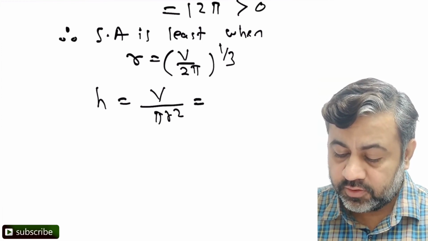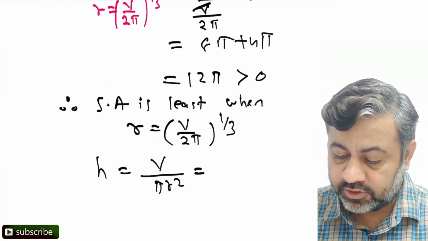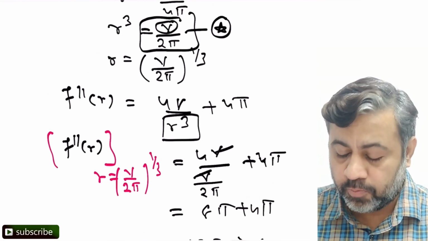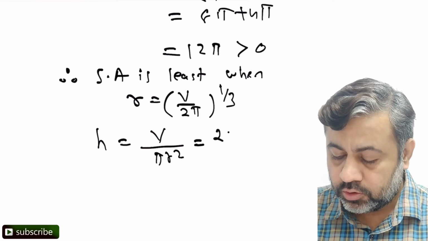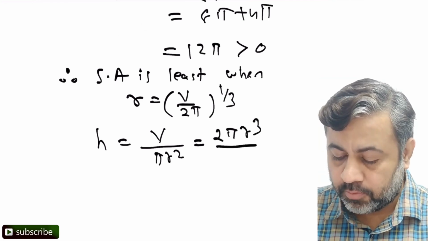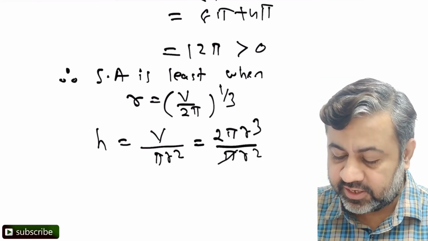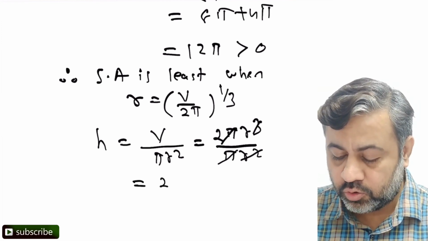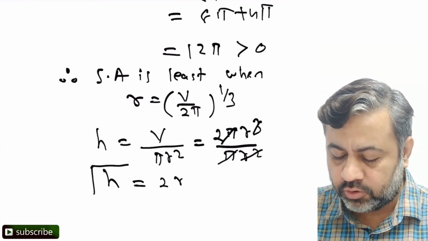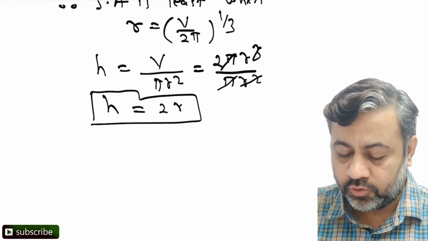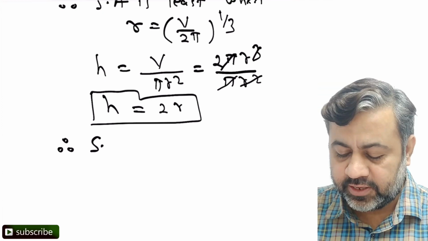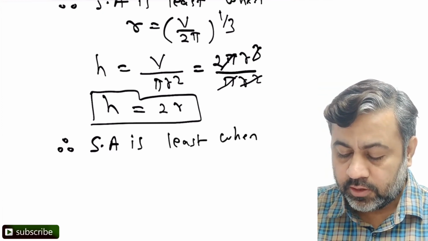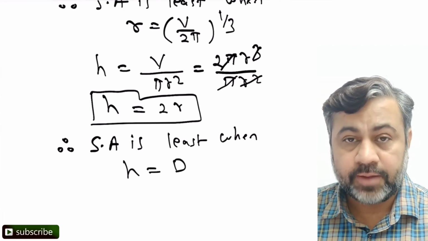If we simplify the condition, volume can be written as 2 pi r cube. So volume is 2 pi r cube upon pi r square. Pi is getting cancelled, one r square is cancelled. So what remains here is 2r. So height is equal to 2 times radius. Therefore I say surface area is least when height is equal to diameter.